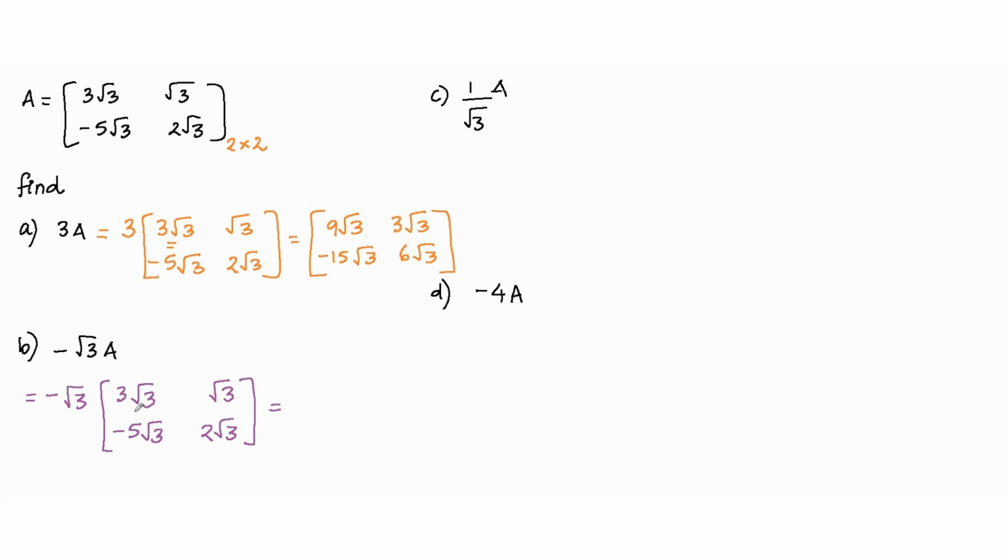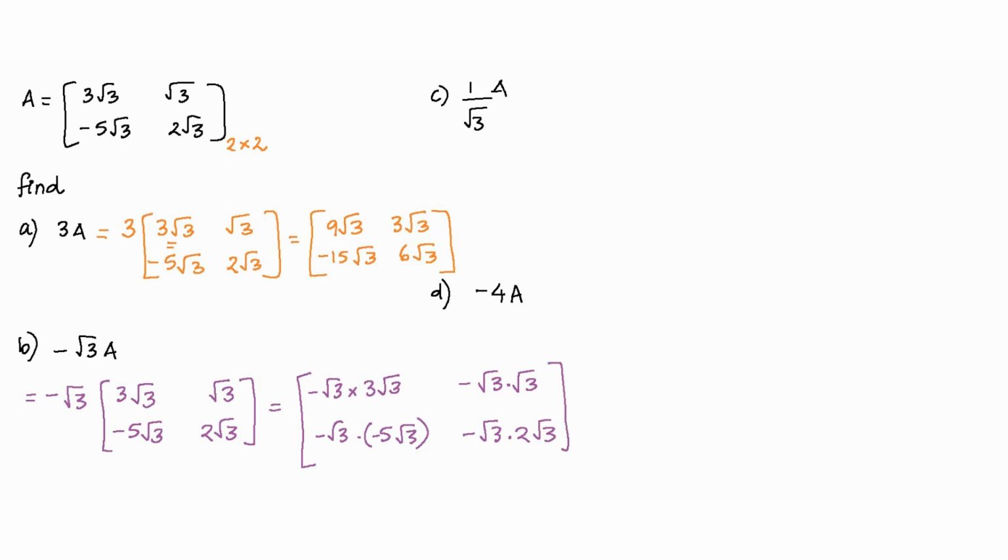So minus root 3 into 3 root 3, let's find that out. Let's write it minus root 3 multiplied by 3 root 3. Then minus root 3 multiplied by root 3. Then I have minus root 3 multiplied by minus 5 root 3. And then minus root 3 multiplied by 2 root 3.